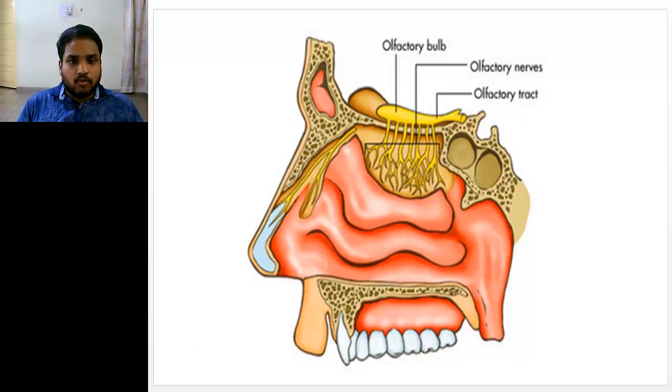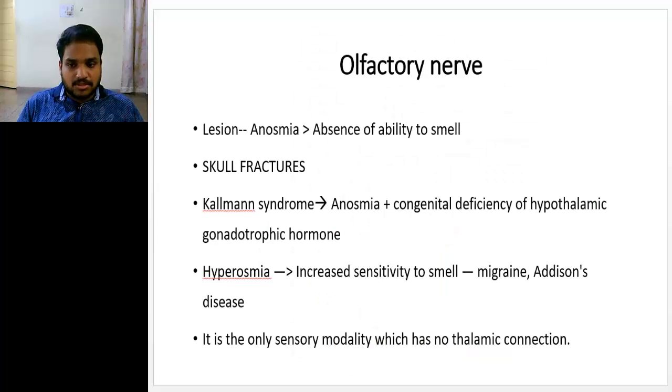So what are the clinical features if there is a lesion? If there is a lesion of the olfactory nerve, there will be anosmia or absence of ability to smell, right? And this usually occurs in case of skull fractures and also in olfactory groove meningiomas, right?